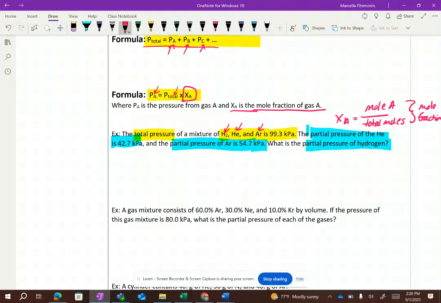And all of these are kPa. Kilopascal is what kPa stands for. It's another unit of pressure. And since all of these are given to us in kilopascal, I'm going to write my answer in kilopascal as well. So when I quickly solve for this, my answer is going to be 1.9 kilopascal.